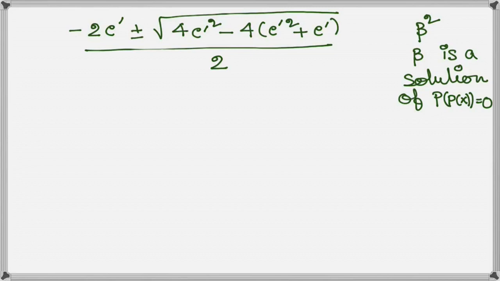And now simplifying this, we obtain minus c prime plus minus i square root of c prime.